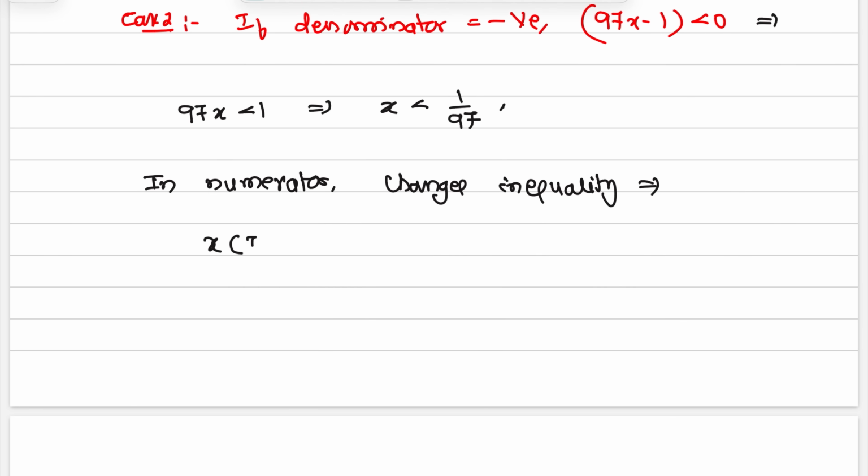X into 79 minus x will be greater than 0. That means 79 minus x is greater than 0.